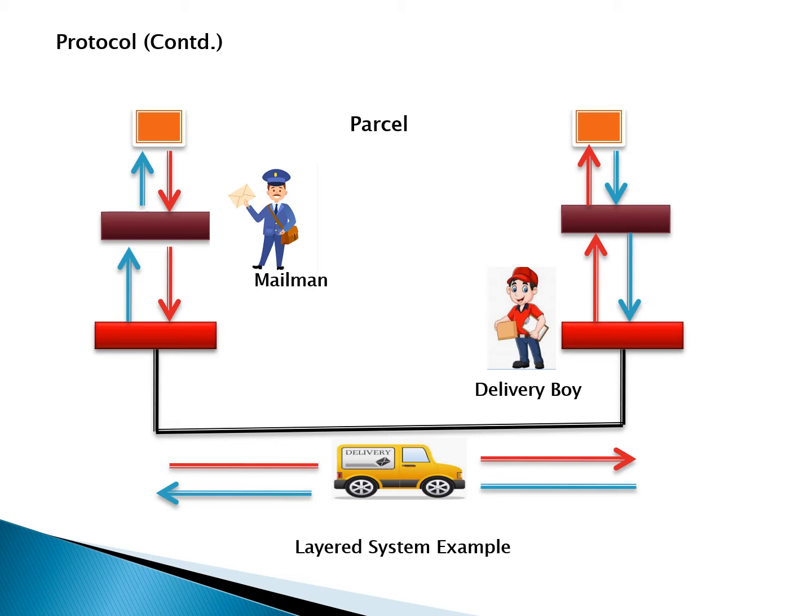So, for example, if we decide to use a train instead of a van to transport the parcels between the offices, we could do so without affecting the mailman. In fact, the mailman doesn't know and doesn't care how the parcels are transported between the offices, as all he does is collect them and pass them to the delivery man.